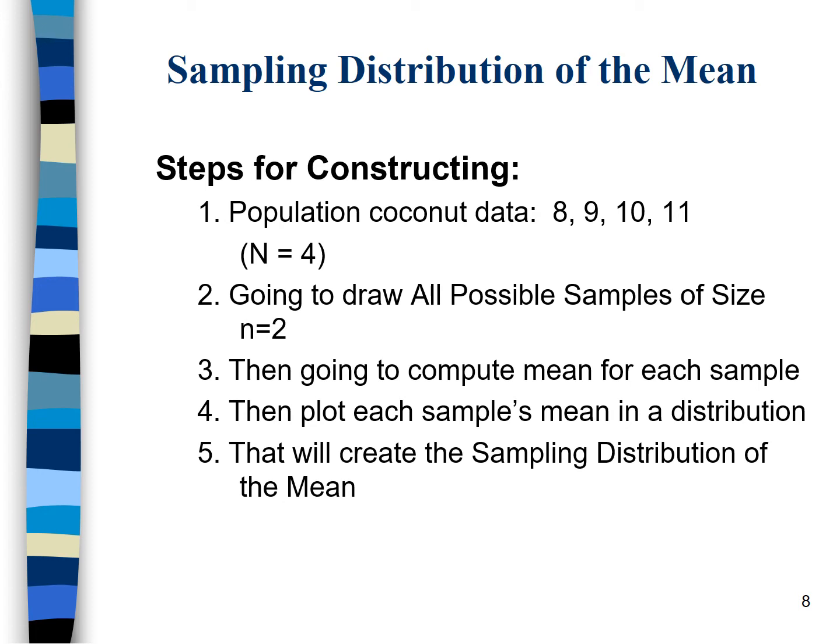Once I have done that, ta-da, I have created what is known as a sampling distribution of the mean. A sampling distribution of the mean is a distribution of sample means of all possible samples of a certain size. If you look at these steps, you see that language comes through. It is a distribution of all possible sample means of a particular size.